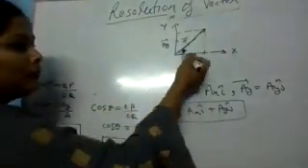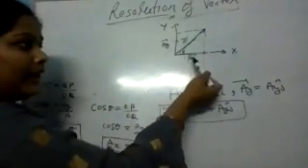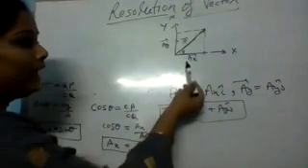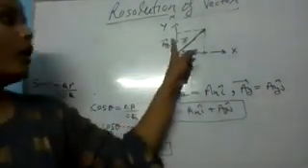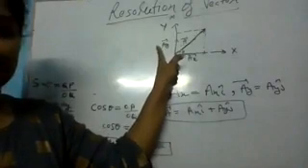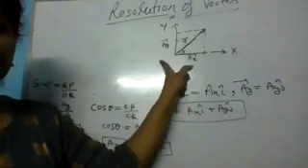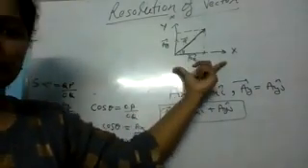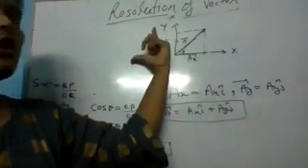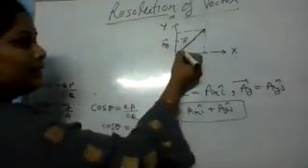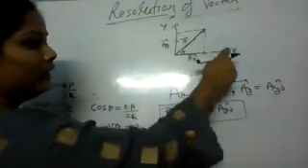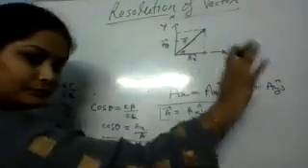Component of vector A in X direction is represented by AX vector, and component of A vector in Y direction is represented by AY vector. This is called the horizontal component and this is called the vertical component. This vector is making angle theta from the X direction.